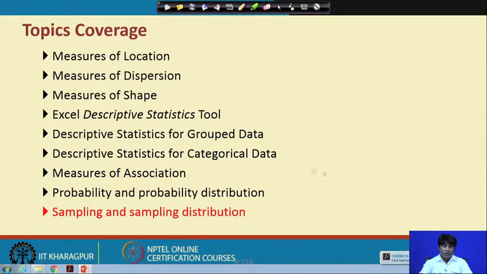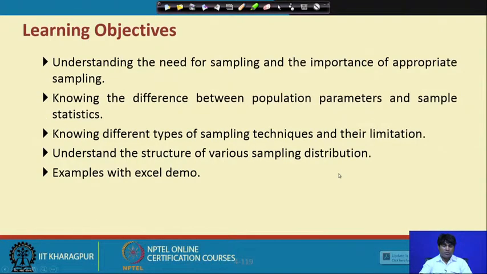So, what we have already discussed in the last couple of lectures is that there is a need of sampling structure, and in fact there are two issues. The issue is what is the sample size corresponding to the population, and what is the typical sampling distribution corresponding to the probability distributions.